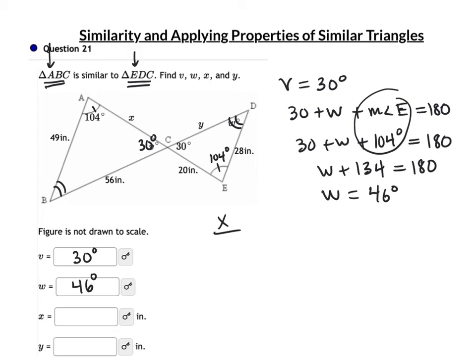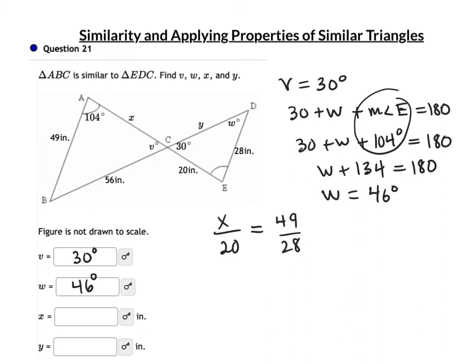Between the 104 and 30 over there, it is 20. X is to 20 as, and we go back and grab a side. How about 49 in the same triangle the X is in? It's between this angle, the 104, and B. And between those two same angles, the 104 and the one marked with two marks like B, is 28.